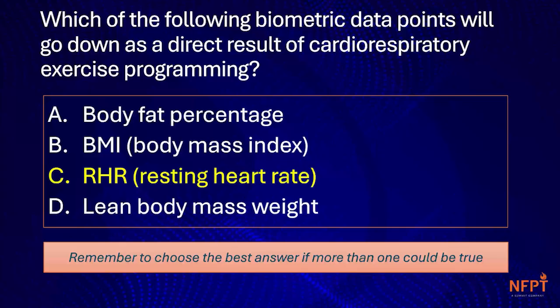So it is totally plausible that a client's body fat percentage and BMI won't even change if the client isn't following a proper nutrition program. So it's likely that it'll change, but it's not a direct result of doing cardio. So answer options A and B are out the window. Answer option D is very similar. They're only going to be losing muscle tissue if their nutrition isn't on point and if their strength training isn't on point. But the question doesn't ask that. So answer option D cannot be correct either.